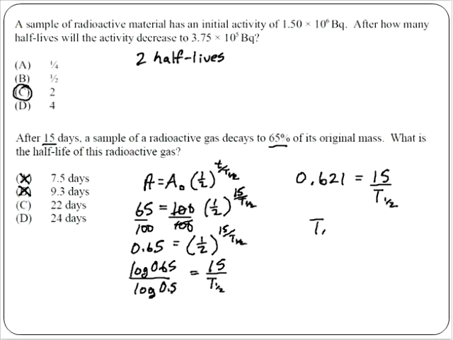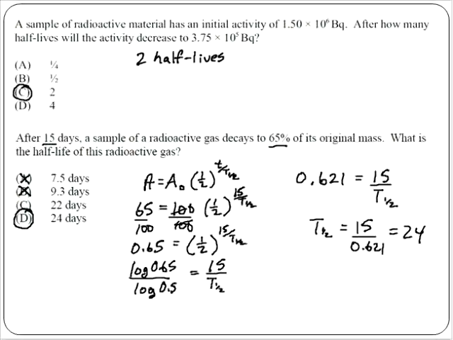So that means that the T1/2, your half-life, is 15 divided by 0.621, which is actually 24 days. And the answer then is D. Now, if you multiplied 15 by 0.621, you'd actually get 9.3, but that would be the wrong answer. That would be if you use 15 as the half-life instead of as the time.